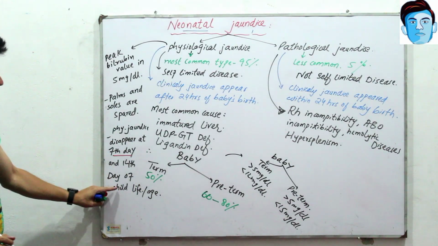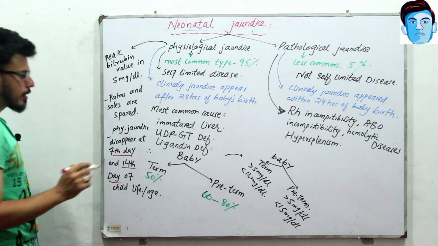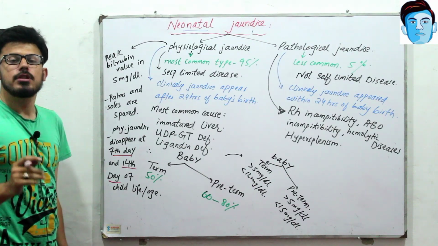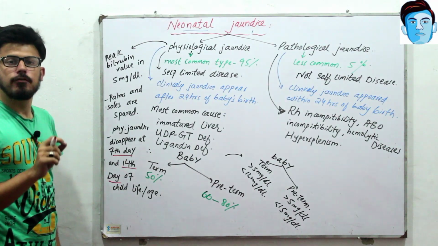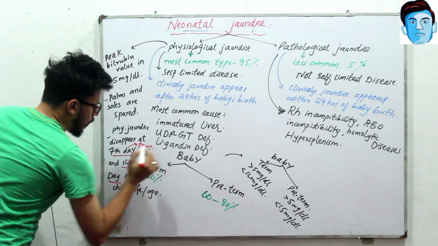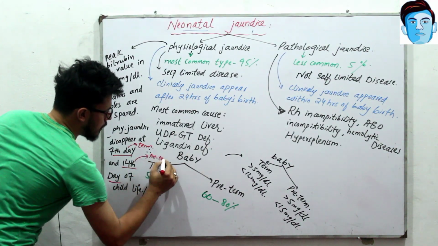But if the baby is preterm, the physiological jaundice will disappear at the 14th day of life. So it is important. Physiological jaundice will disappear at 7 days at term, while in babies who are preterm it will disappear at the 14th day. So it is 7 days for term, while the 14th day is for a preterm child.